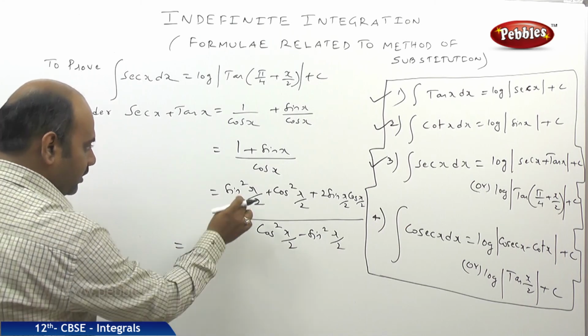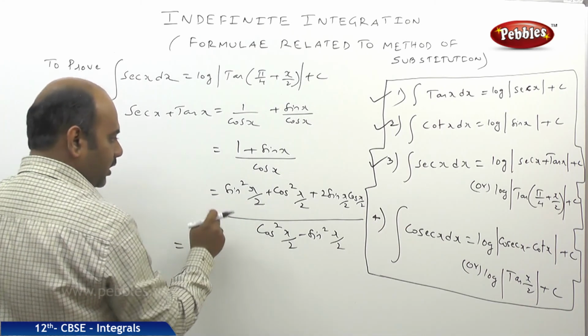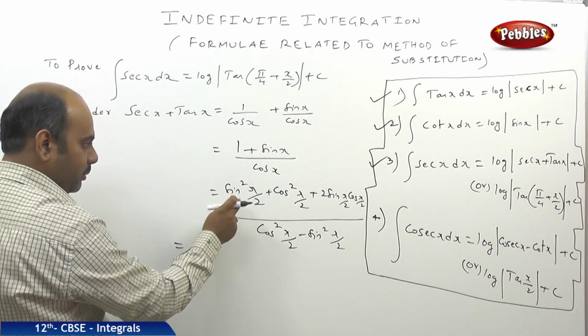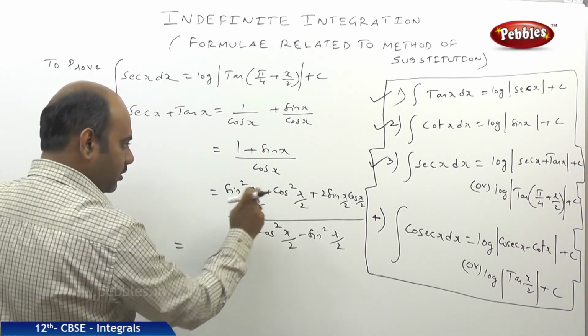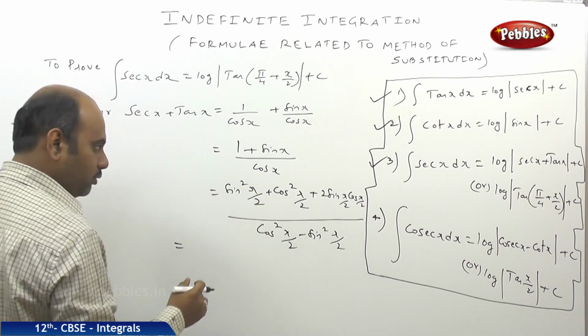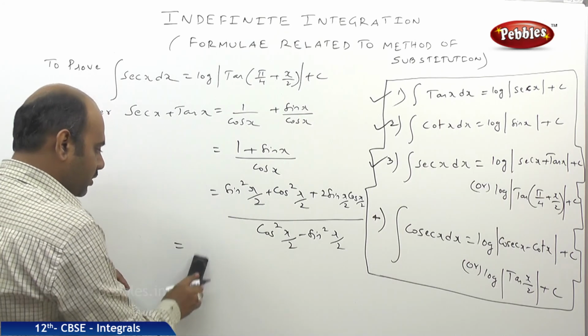If you observe carefully, the numerator can be written as a plus b whole square. How? This becomes a square, this becomes b square, and this becomes 2ab. So it is a plus b whole square.